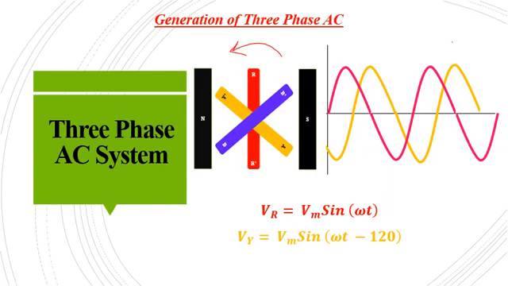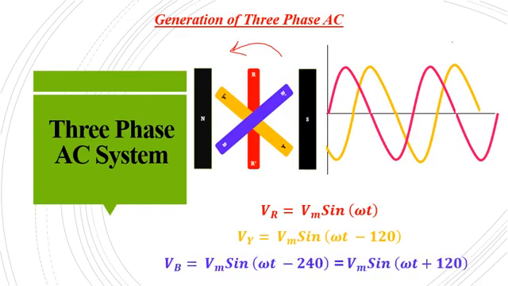Now regarding the B phase. The B phase is kept 120 degrees away from the Y phase, or in total the voltage generated in the B phase can be written as VB is equal to Vm sin omega t minus 240, or in other words VB is equal to Vm sin omega t plus 120 degrees.